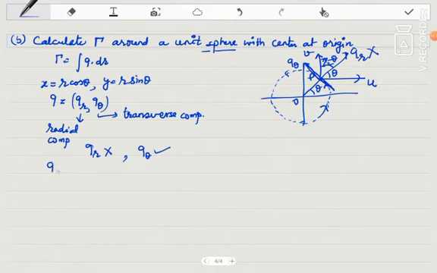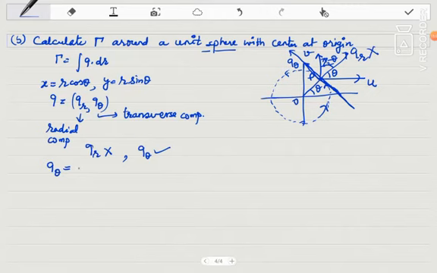Now what will be q theta? This is the transverse component of velocity. This is the transverse component like this. So I will resolve this u along this line, and resolve this v along this line.